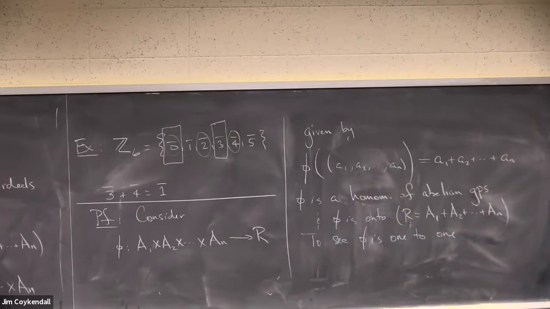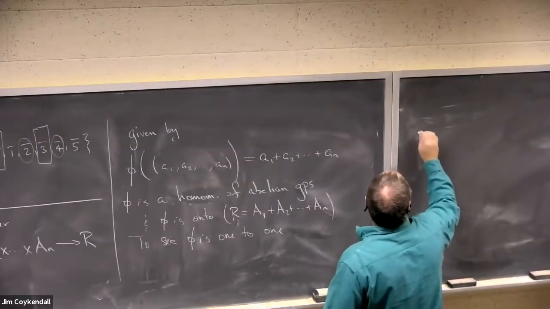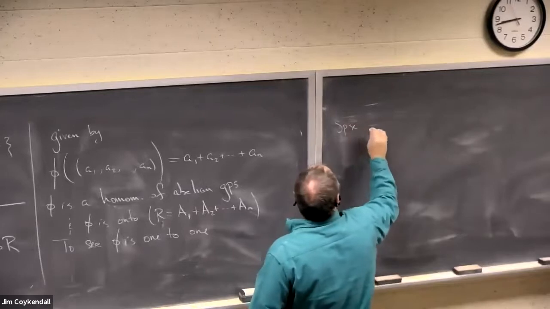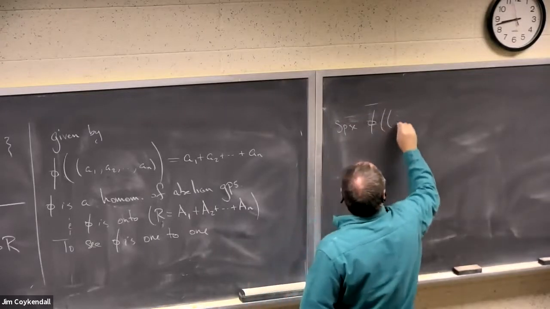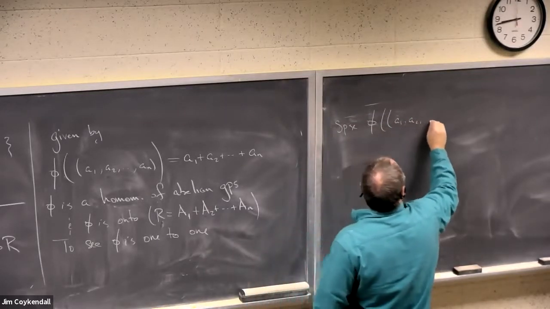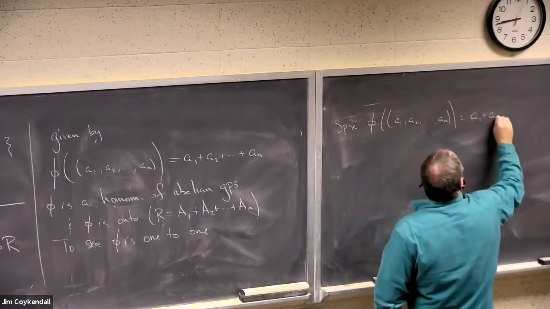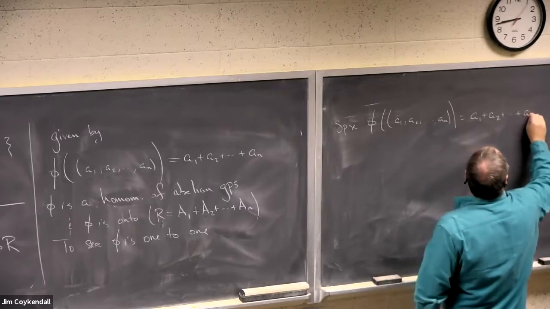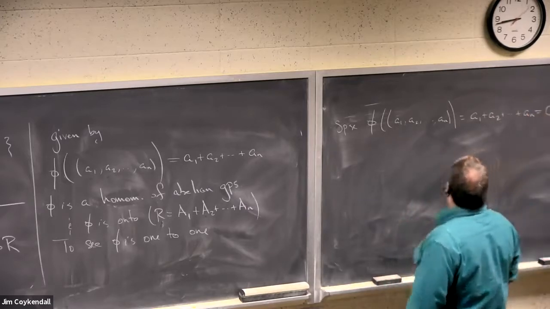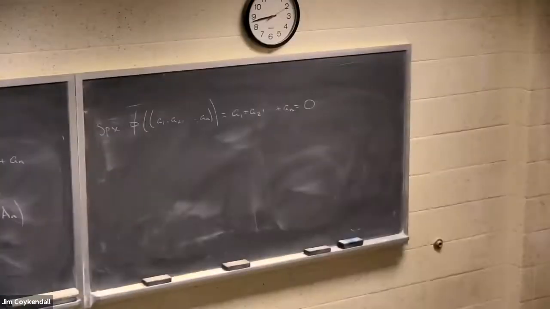Let's look at the kernel. I know it's a group homomorphism. Suppose the image is 0.